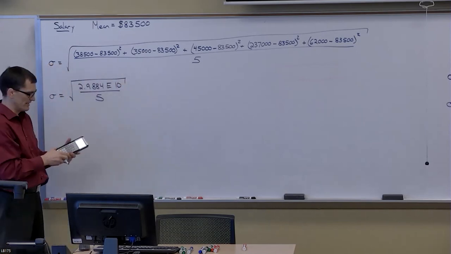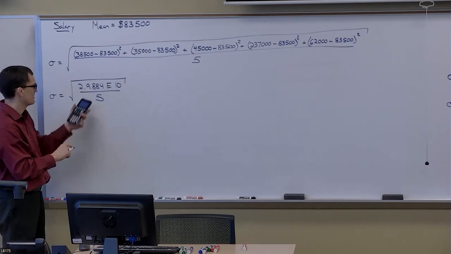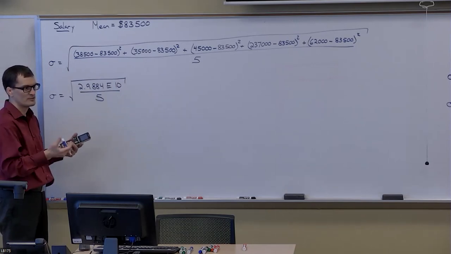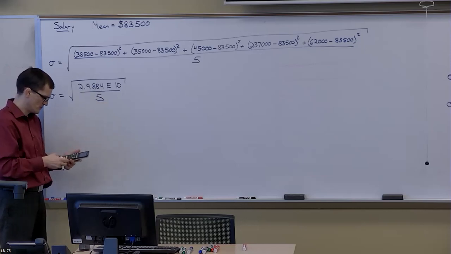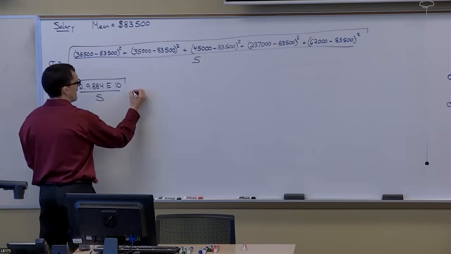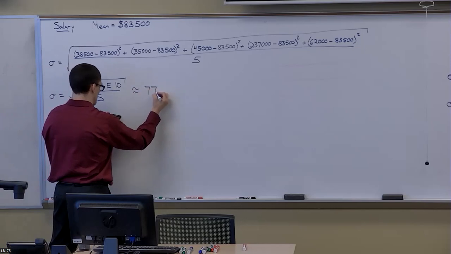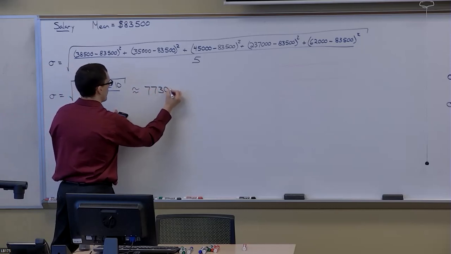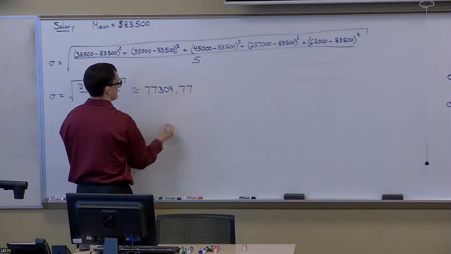On my calculator, I'm just going to hit divide by 5 and then take a square root of that answer. Which you can do if you want, or you can do a square root of the answer over 5. And what I got is approximately 77309.77.